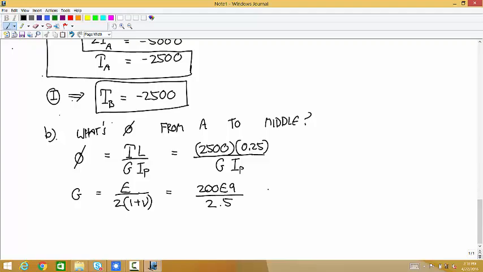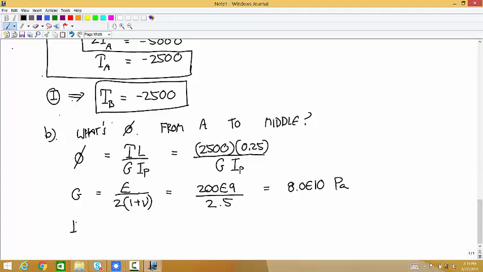So what do you get for G? 8E10. Okay. Is that a unitless thing? No, G is a modulus of elasticity, so that's pascals. Because E has units of pascals and nu is unitless.